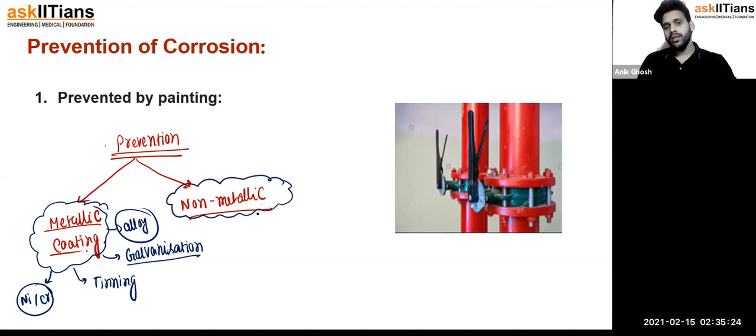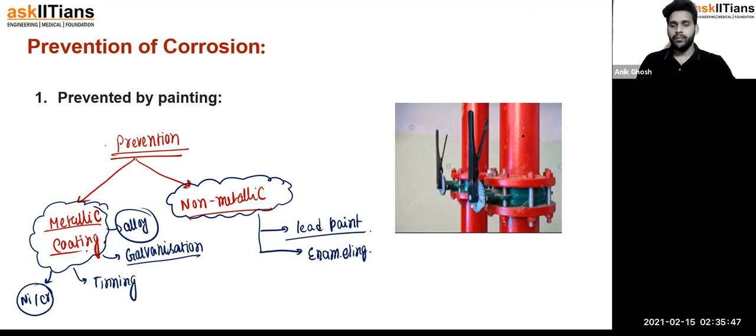Now the other one is the non-metallic coating. What are the processes through which you can do this? You can do enameling. Another one is lead paint. Not lead paint, it should be lead oxide paint, the red colored painting.